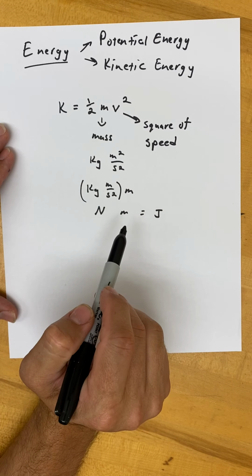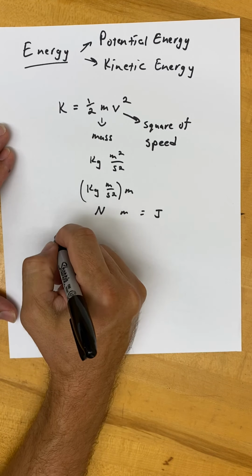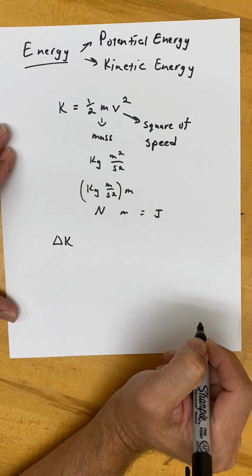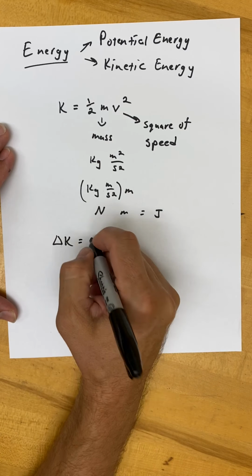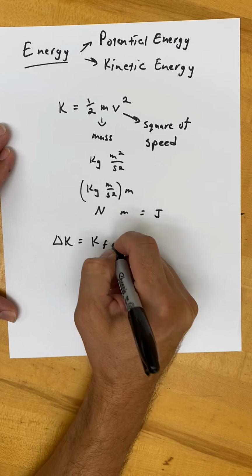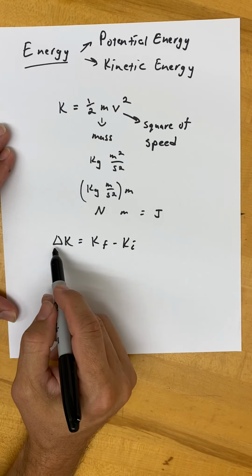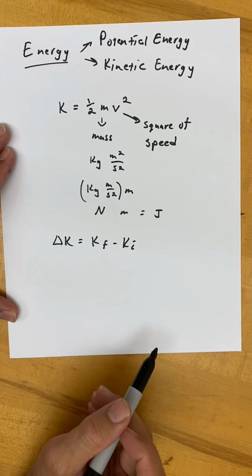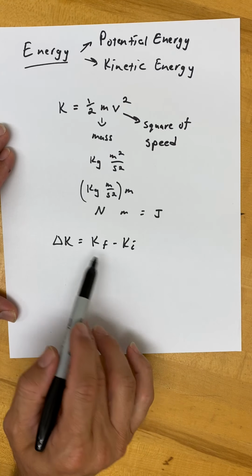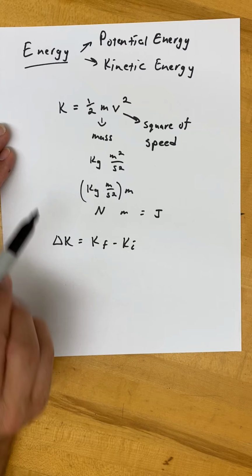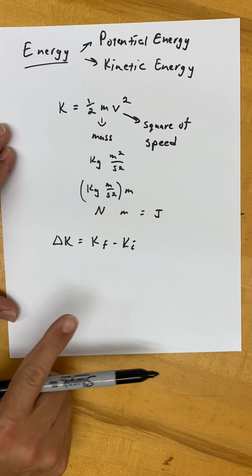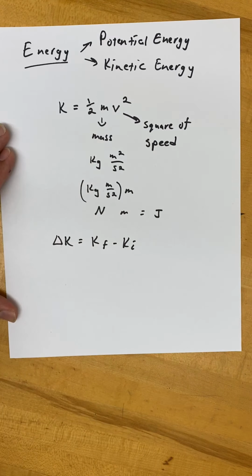Kinetic energy can change, of course. Delta K is a thing. That is equal to, of course, K final minus K initial, as every delta is defined, final minus initial. If I go back up here and plug in the formula, and I furthermore make the assumption that my mass is not changing.